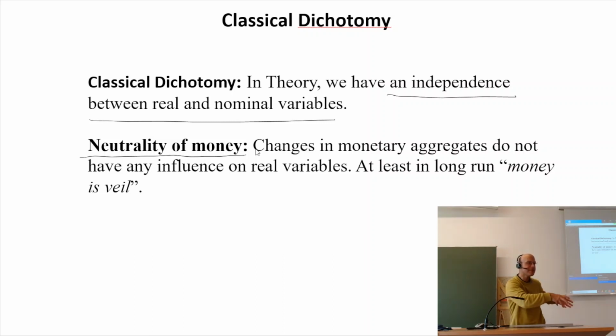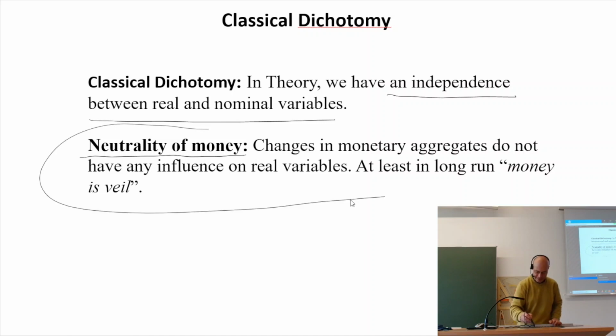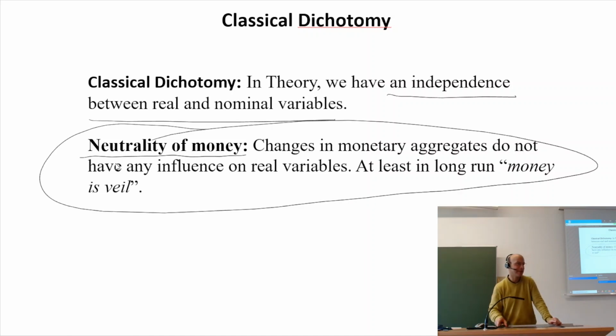And so to speak, if we start to print money via the central bank and give out this money to the people, and at first we would think, well, now I'm richer, but everybody knows that everybody is richer, then all the people who sell goods will just increase their prices. And this is the so-called neutrality of money.